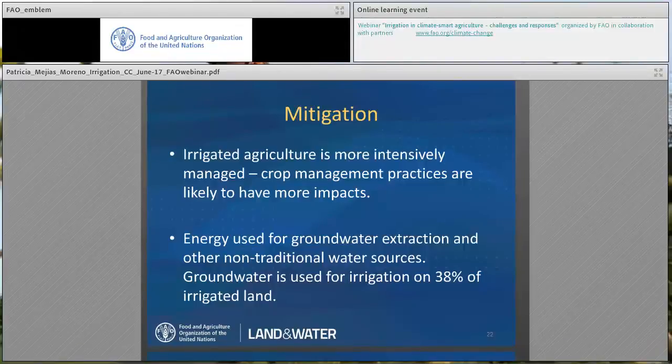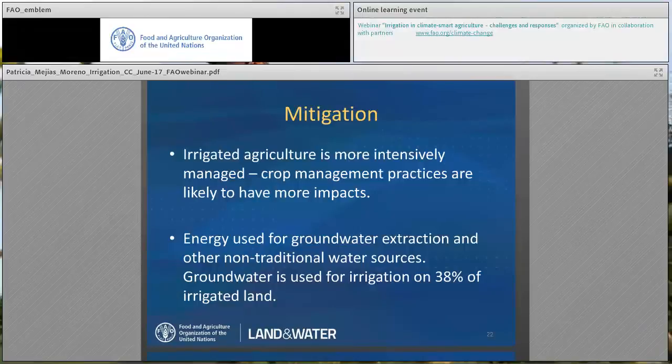In general, the options for direct climate change mitigation through irrigation are the same as those of agriculture as a whole, but it is important to mention that irrigated land is more intensively managed, and on average, irrigated agriculture uses greater amounts of inorganic fertilizers. So the efforts to reduce greenhouse gases through improved soil management practices to improve carbon sequestration and also soil water retention are likely to have more impact in irrigated fields.